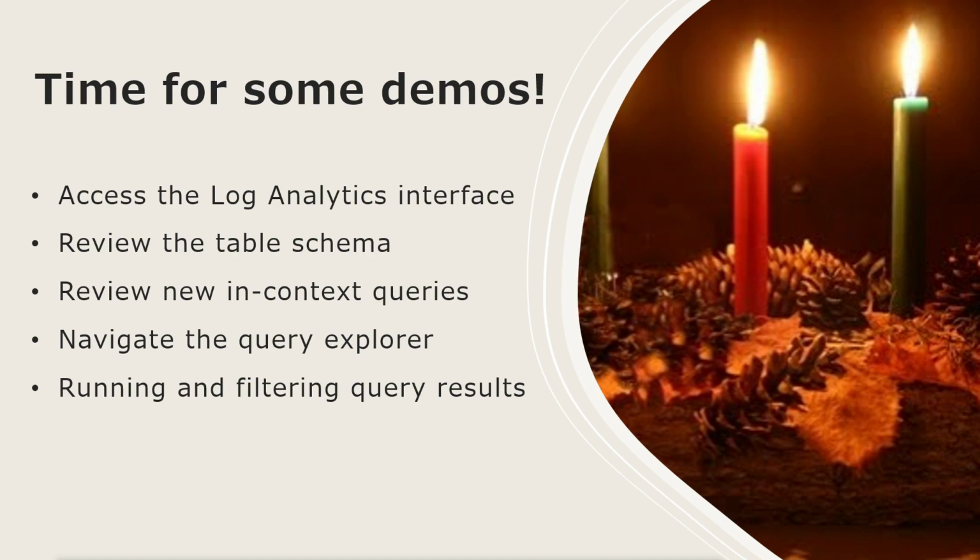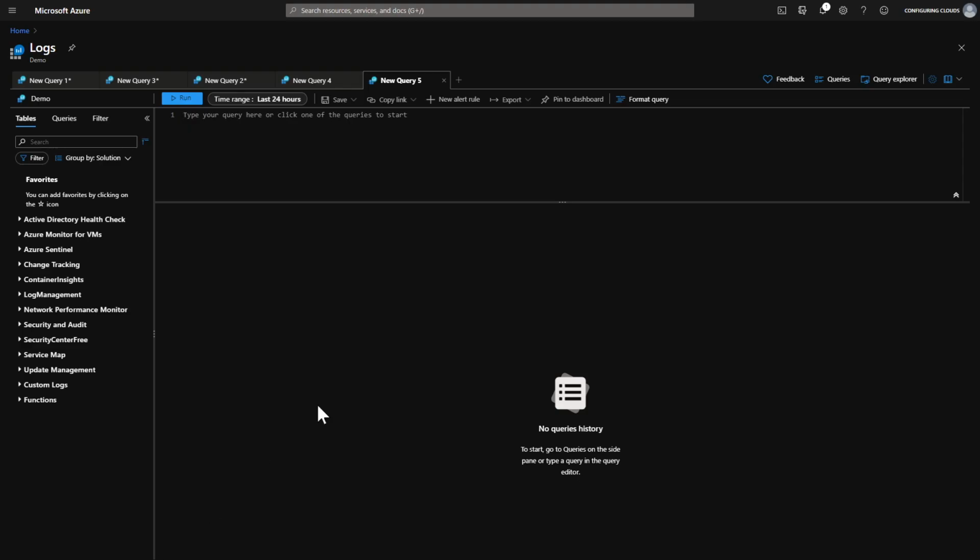All right, let's get started. So again, navigating to that demo site, you'll see here at the top of the screen multiple query panels. We'll start with an empty one, and on the left you're going to be able to see this table pane in the sidebar.